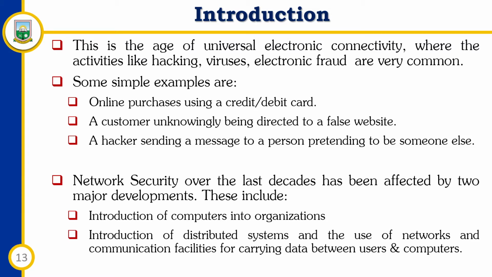The second one is the introduction of distributed systems, where we have an application situated on one server that needs to be replicated on another server. These servers come together and form a distributed system, along with the use of network and communication facilities for carrying data between users and computers.